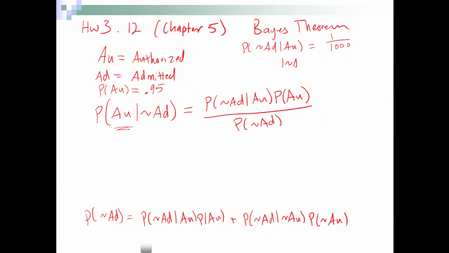So given that you're not authorized, the probability of being admitted is 1 over 1,000,000. So we have this one, that's 1 in 1,000. We have this, that's 0.95. We have this, that's 0.05 because of the law of complements. Probability of not being authorized is 0.05.